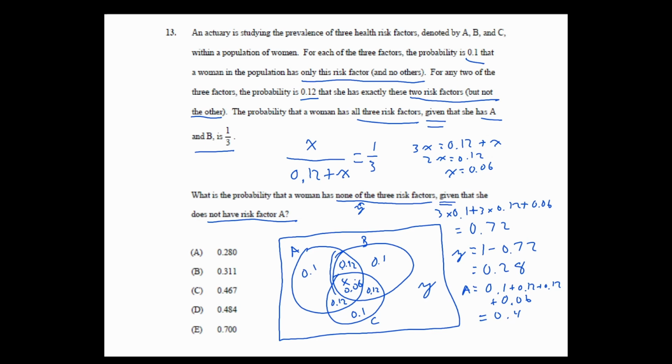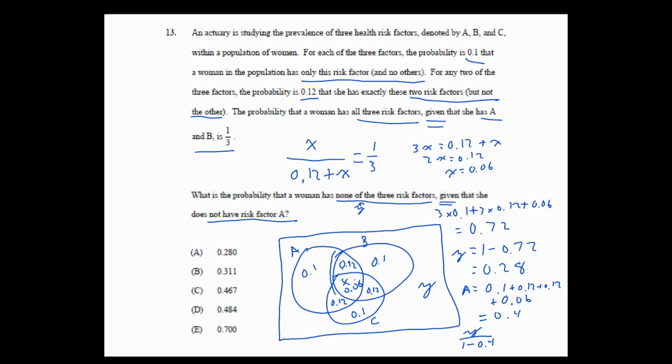Okay, so now we have all the information we need in order to finally solve this problem. It's going to be y divided by 1 minus 0.4. So y is the probability that a woman has none of the risk factors, divided by the fact that, or given that, this woman does not have the risk factor A at all.